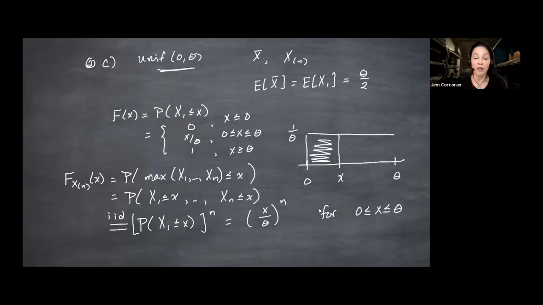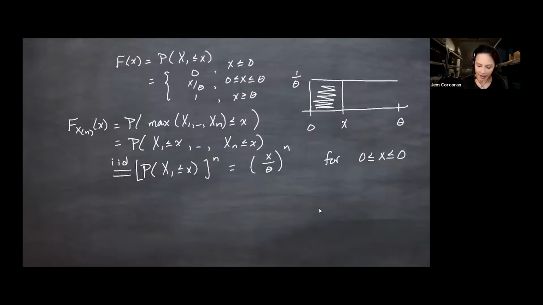The max and min always live on the same space as the original distribution, so this CDF is 0 if the x you're plugging in is below 0, and it's 1 if the x you're plugging in is above theta.